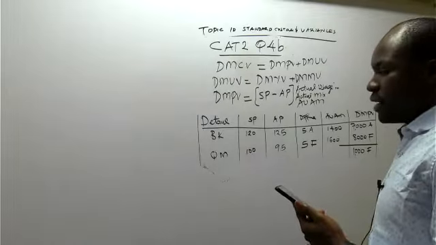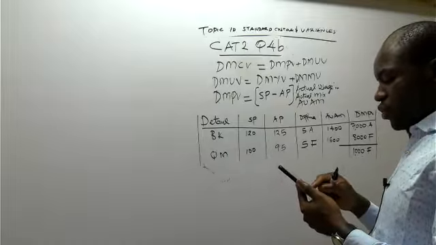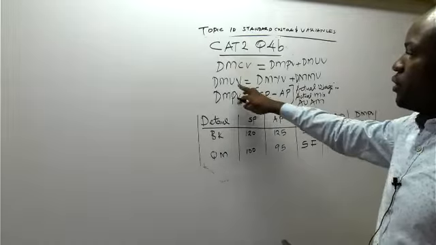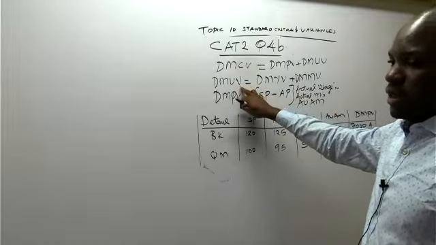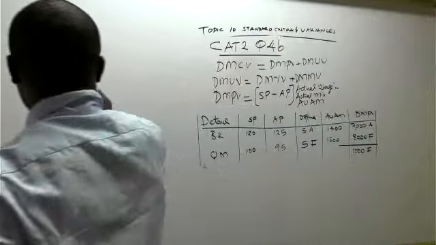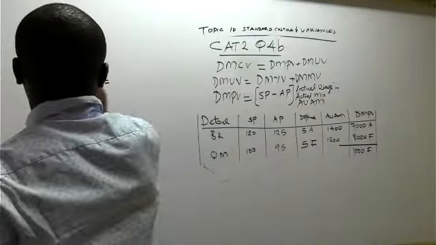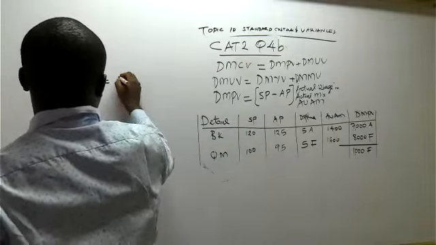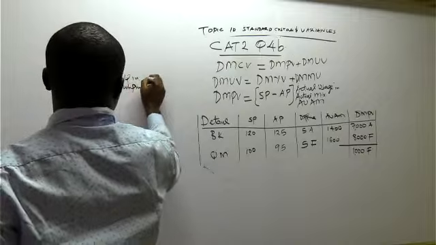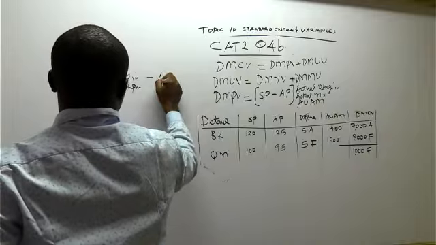Let's go to the second part, which we are being told. We are being told to do what? To calculate material usage variance. Material usage variance cannot be calculated directly. In the other concept, let's just compare, then you're going to understand the meaning. Material usage variance is equal to standard quantity in actual production minus actual quantity.